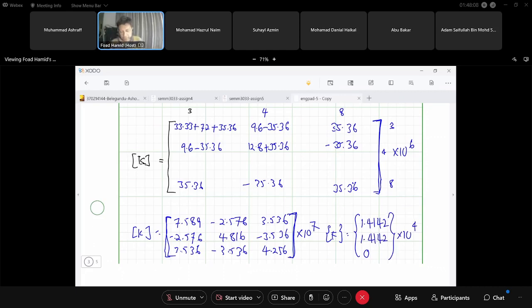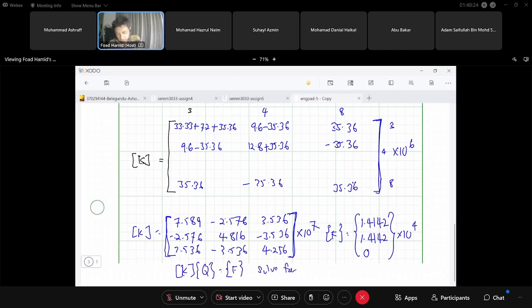So solve for Q3, Q4, and Q8. So we know that now this is K matrix times Q must equal to F. Solve for the unknown, which is Q3, Q4, and Q8.